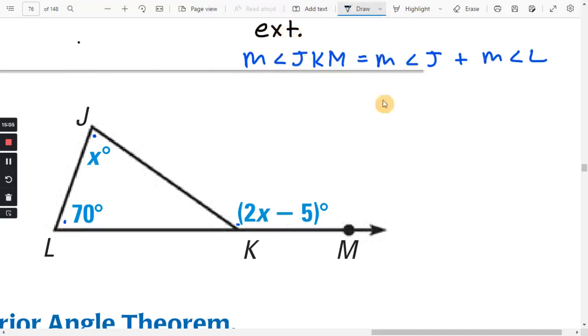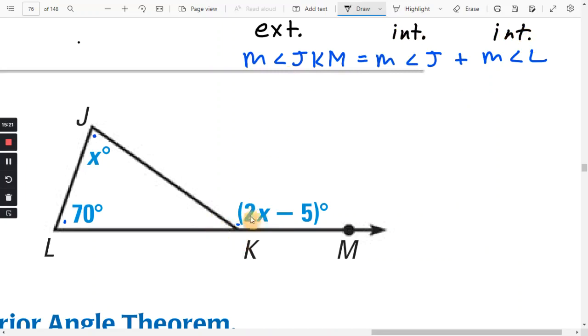And the two here on the inside, those were the interior angles. And like we said, for the interiors, you have to choose the two that are not next to or adjacent to this one right here.